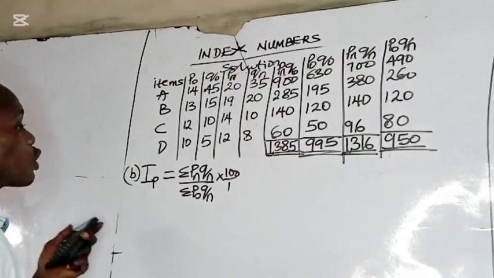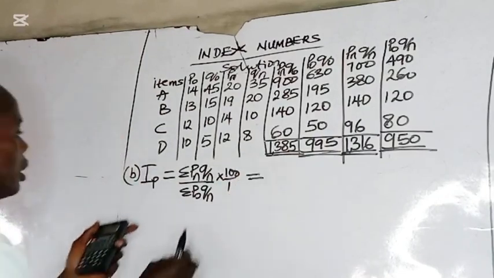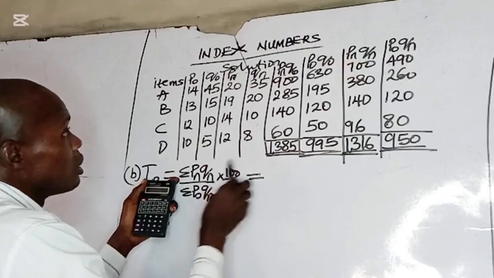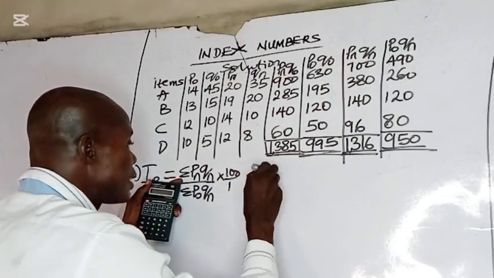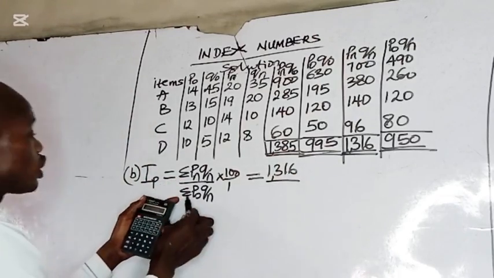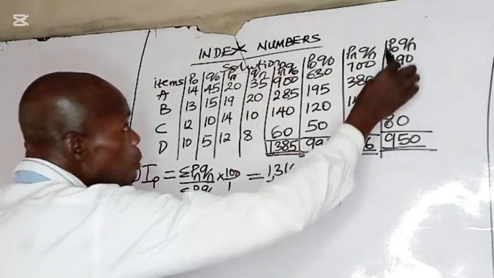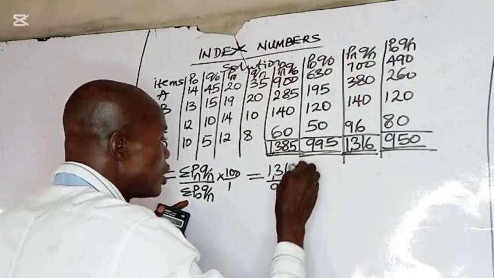Now, the next thing is to substitute into the formula. The sum of PNQN is 1,316 over sum of POQN. POQN is 950, times 100.